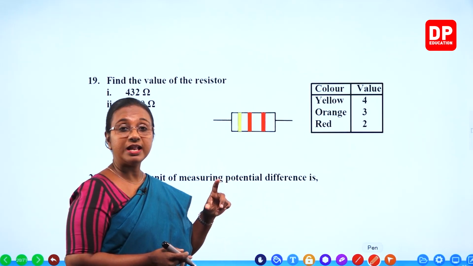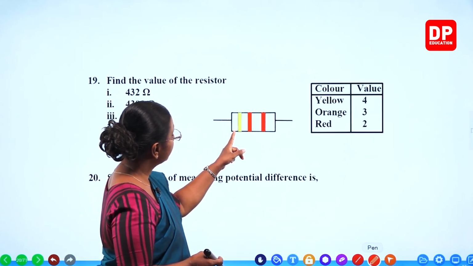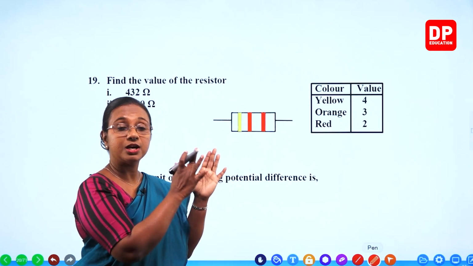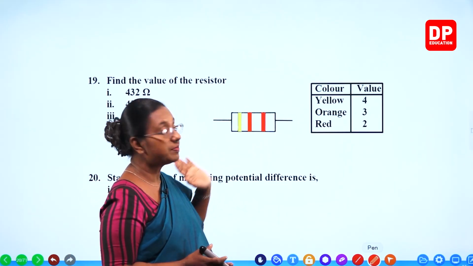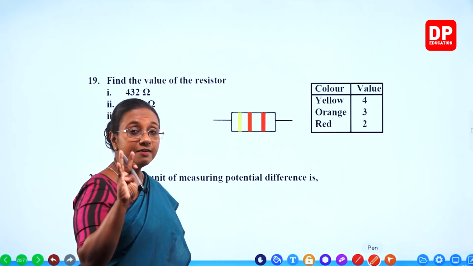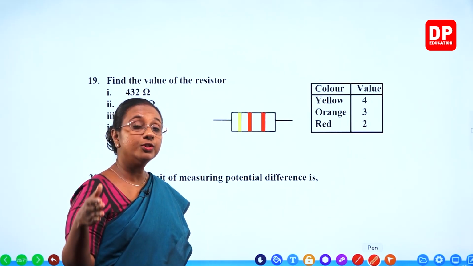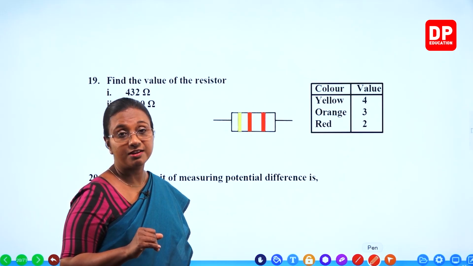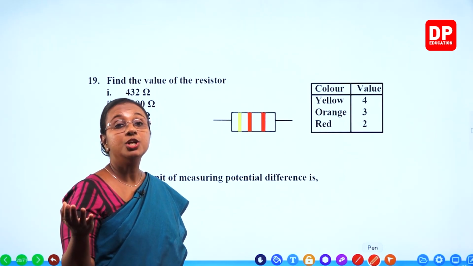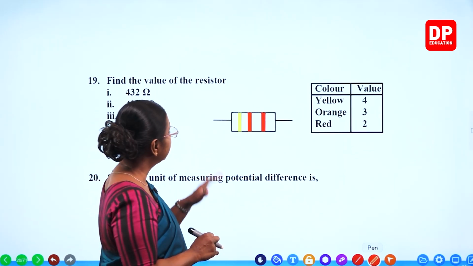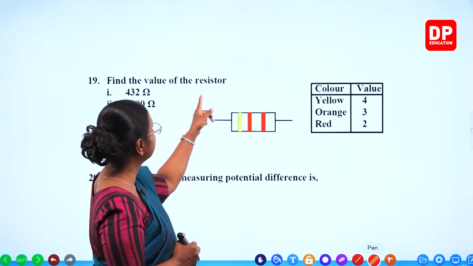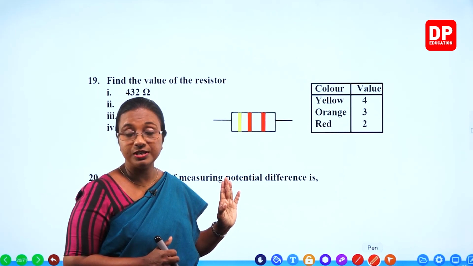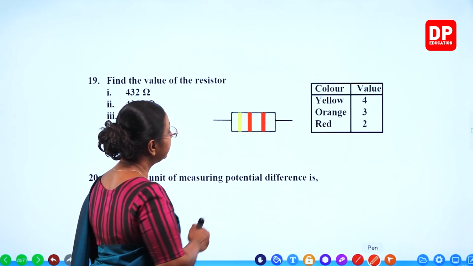So you have to look at the resistor so that the 3 color bands that are close to each other comes to your left side. You start reading from the left side and normally there will be 4 color bands. The fourth color band will be slightly far away. That is to calculate the tolerance level. But here only the first three color bands are given, so that we need to find the value of the resistor only. So how do you find it?